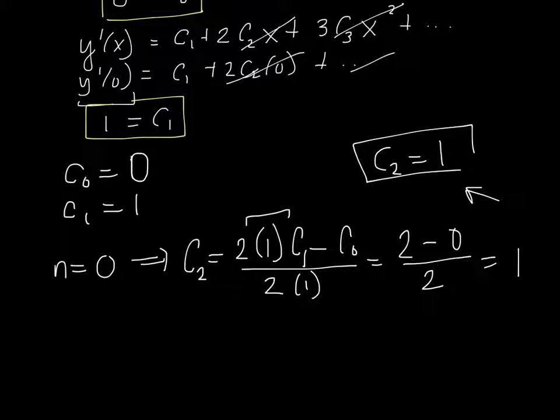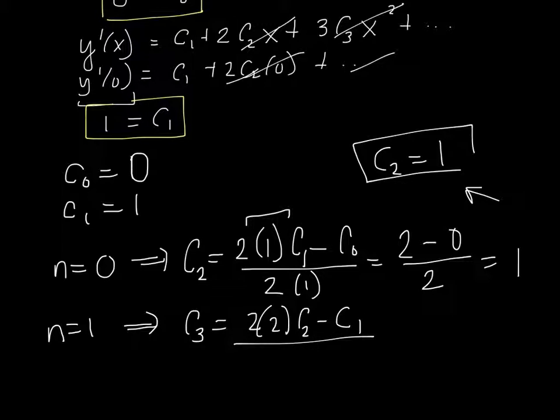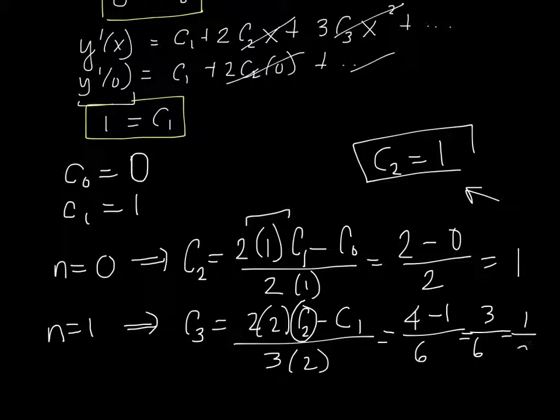What if n is 1? I'm doing the same thing again. For c3, I get 2 times 2 c2 minus c1, all over 3 times 2. We know c2 is 1, so that's 4 times 1, 4 minus 1, over 6, so I get 3 over 6, which is a half.